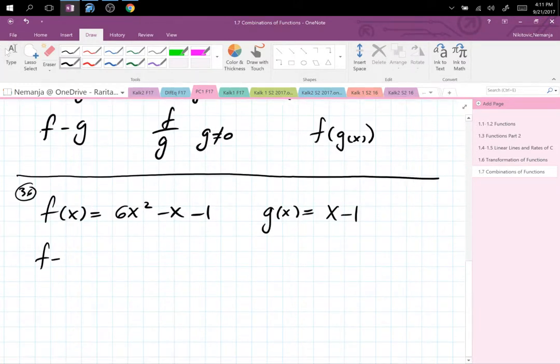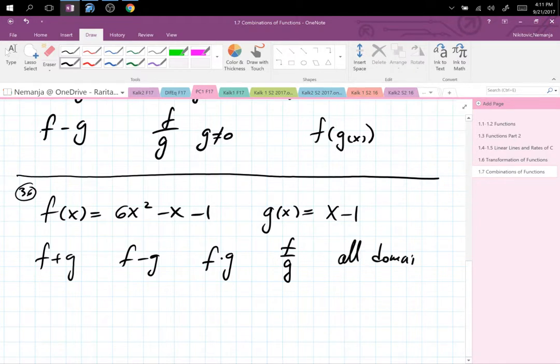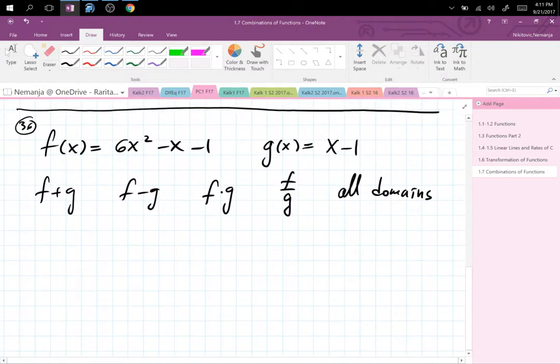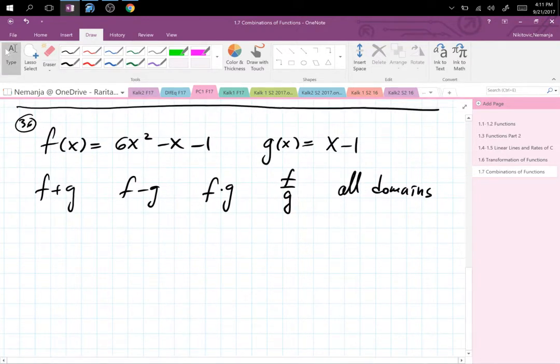They want f plus g, f minus g, f times g, f over g, and all domains for these functions. So you are going to combine, using algebra, obviously, addition, subtraction, FOILing, long division of polynomials, and then figure out what the domain for each one is. Let's go.